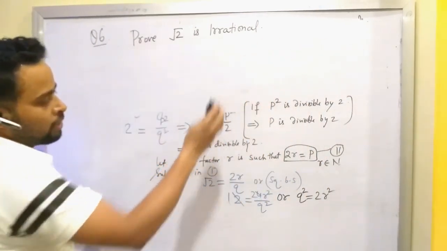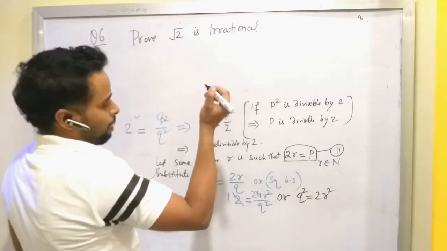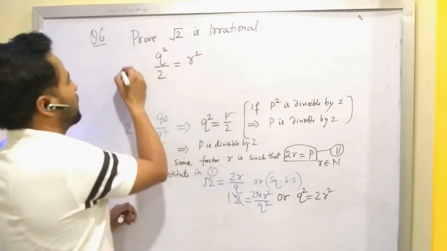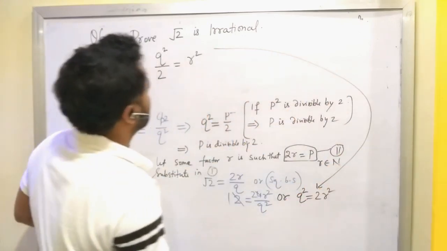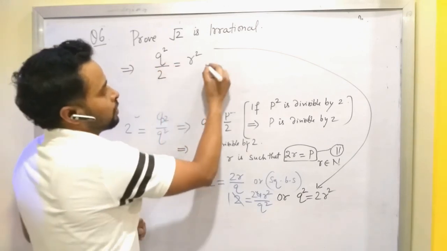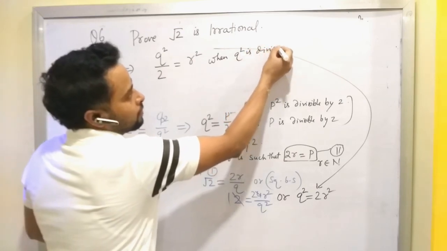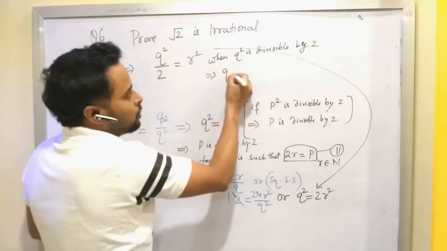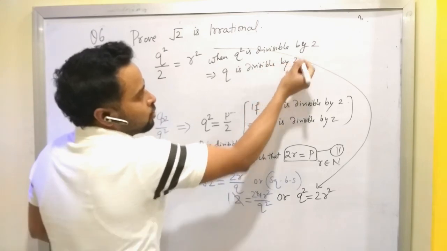So I just need one or two more steps to prove. Q square equals 2r square, so q square by 2 equals r square. From here I am getting q square by 2 is r square. When q square is divisible by 2, it implies q is divisible by 2.